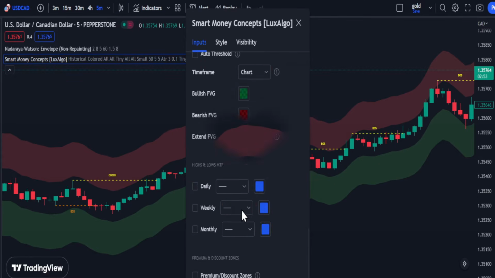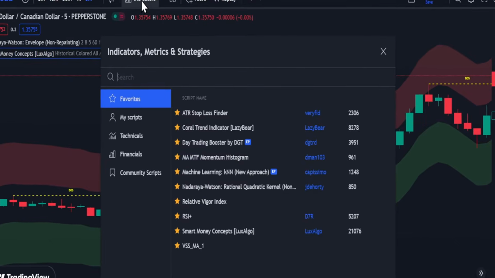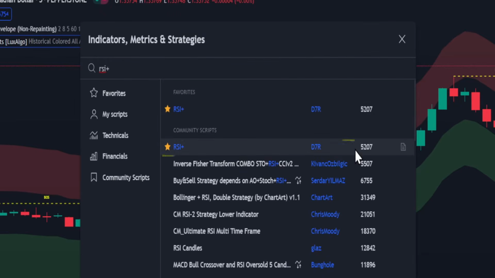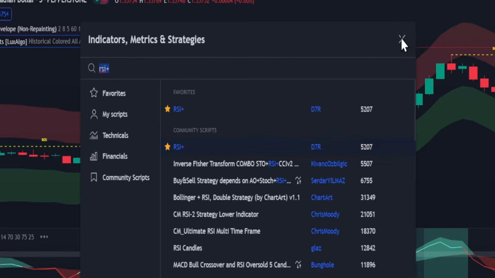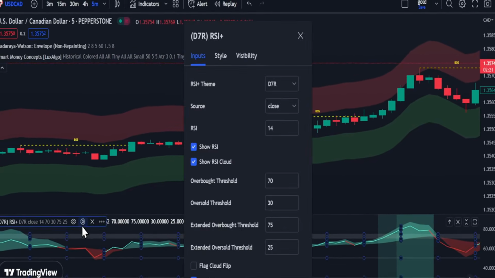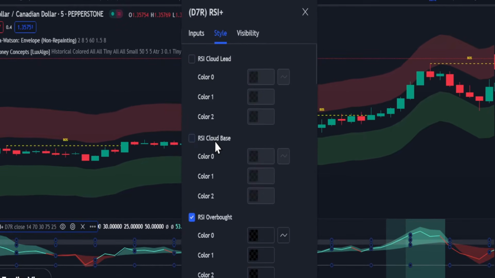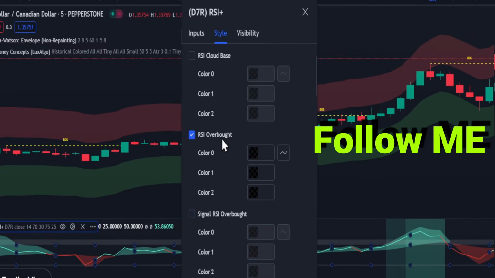Okay, that's all. For our last indicator, search for RSI Plus, this one by D7R. Add it in. On the settings, go to Style, turn off all of this. Follow me and do all this.